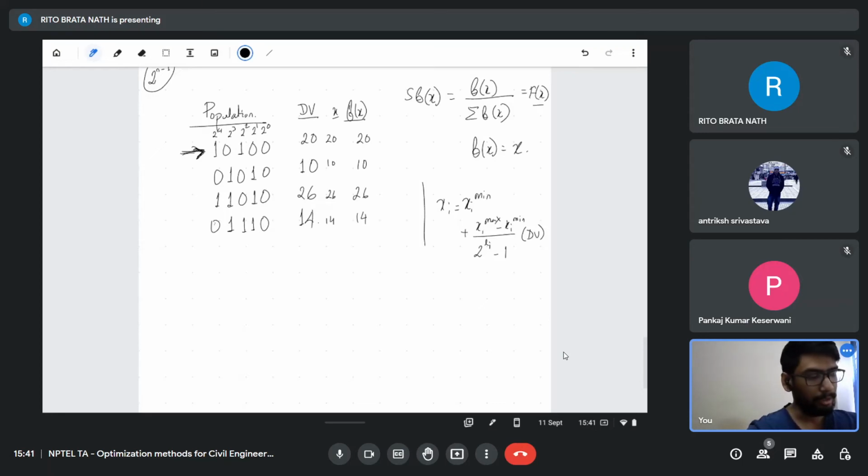And finally, you have to calculate the fitness. So that is f(x) over the summation of f(x), which you can calculate pretty easily. These all add up to 20, 30, then 30 and 40, 70, I guess. Yeah, this is 70. So this is 20 by 70, this is 10 by 70, this is 26 by 70, this is 14 by 70.